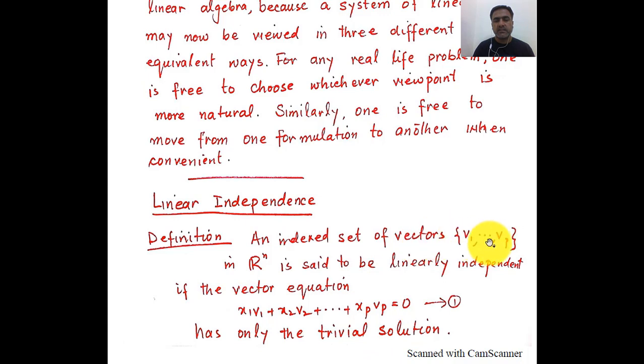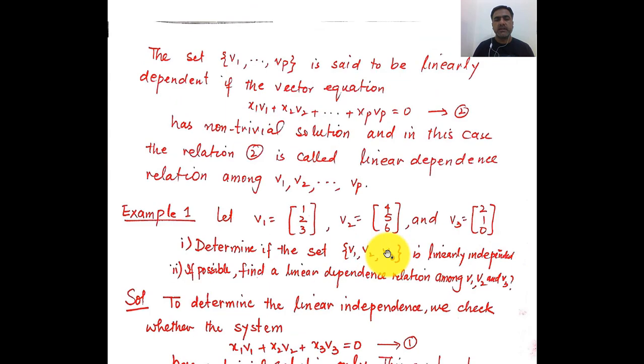If this system has non-trivial solutions also, then we say that these vectors are linearly dependent.